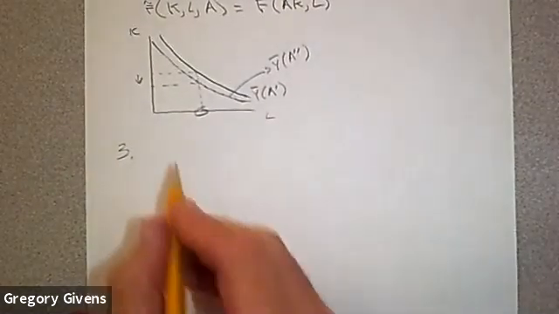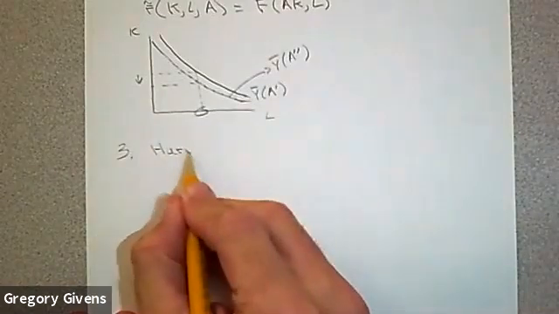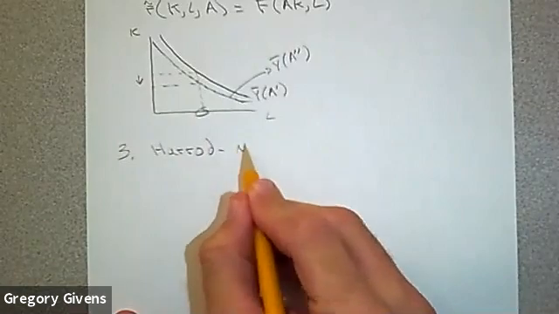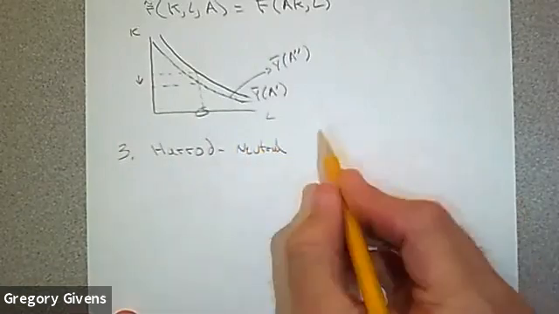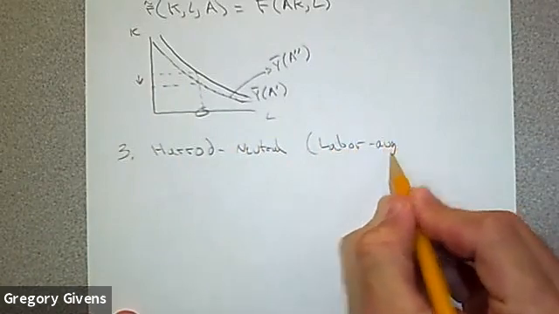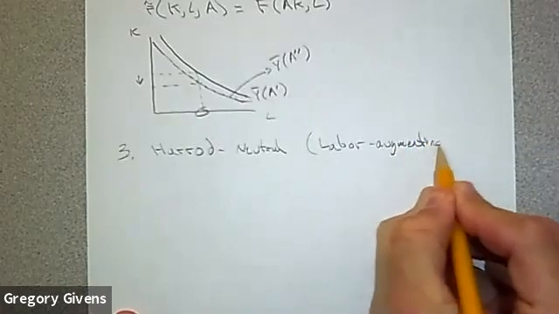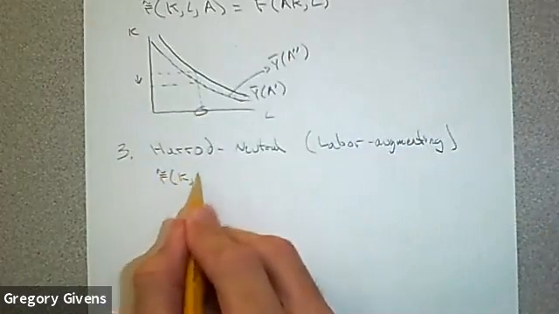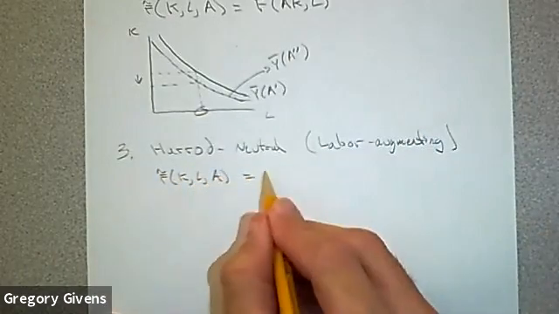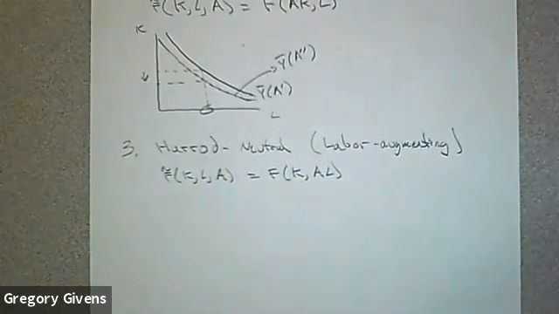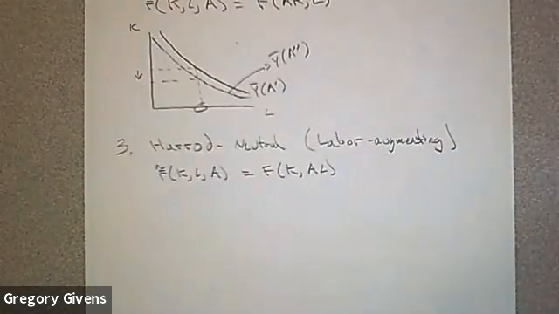Obviously, that leads to a third type of technology, which these all go by the name of famous economists, by the way. So this one is Harrod neutral technology. And this is a type that augments labor as opposed to capital. In this case, F tilde can be rewritten as F of K, A times L. So an improvement in technology more or less just augments the supply of labor. Labor becomes more efficient as opposed to the capital stock.